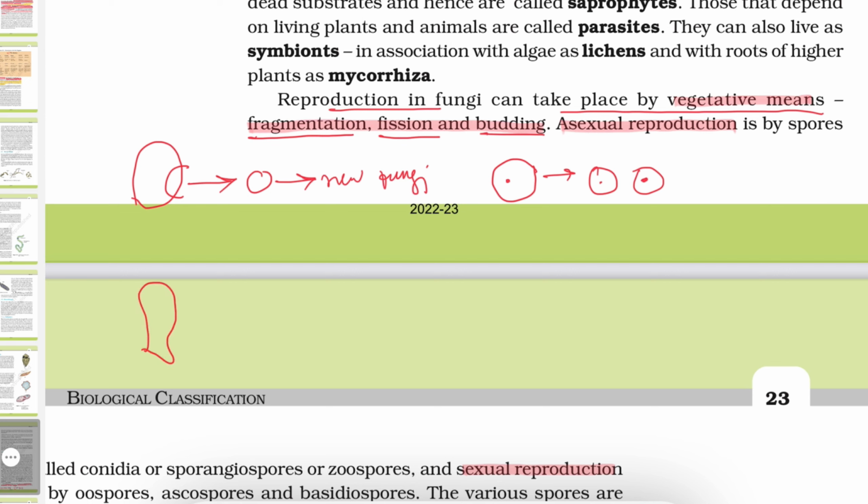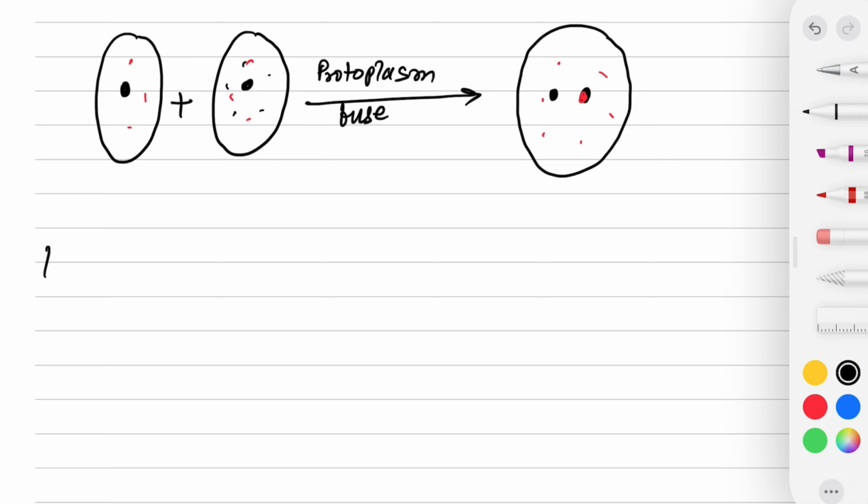They only fuse, but the nuclei don't fuse. This protoplasm fuses, but these are two nuclei that don't fuse. So this process is called plasmogamy, which is the first step of sexual reproduction.